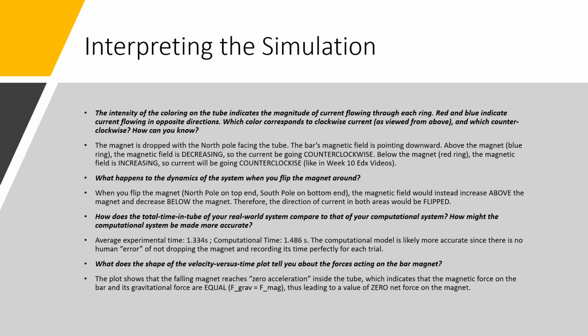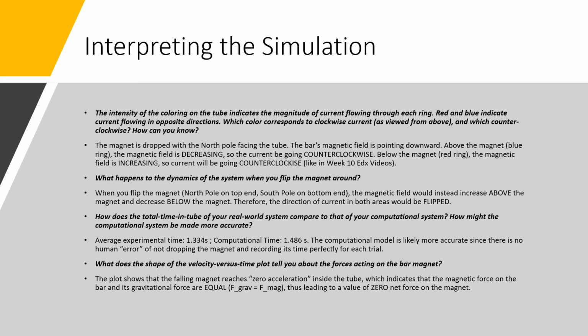At the end of each lab, we interpreted the simulation and asked ourselves a series of questions. The first one is: the intensity of the coloring on the tube indicates the magnitude of current flowing through each ring. How do we know which color corresponds to clockwise or counterclockwise? The answer is the magnet is dropped with the north pole facing the tube. The bar magnet's magnetic field is pointing downward.